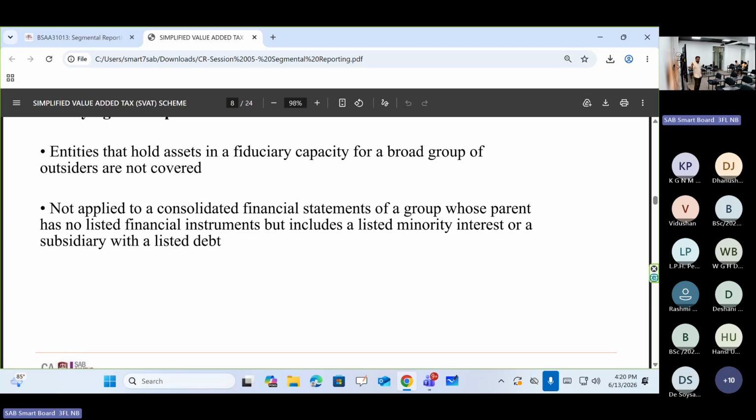It does not apply to the consolidated financial statements of a group whose parent has no listed financial instrument, but includes a listed minority interest or subsidiary with listed debt.